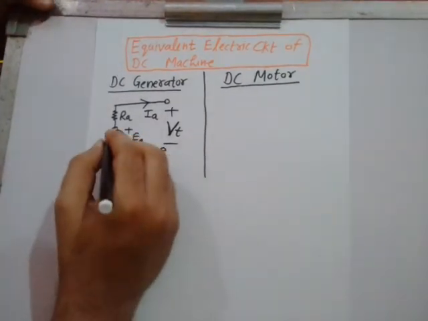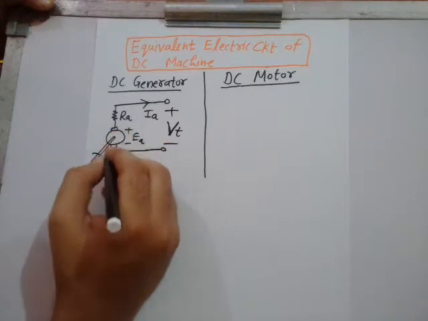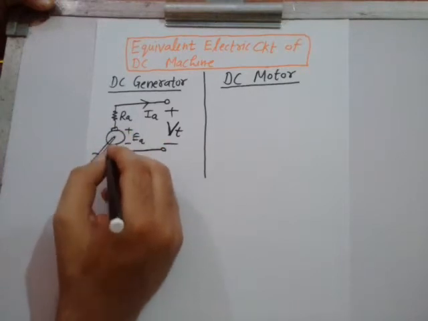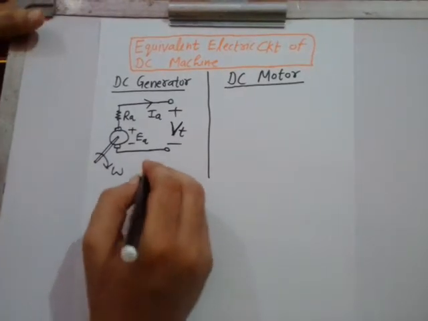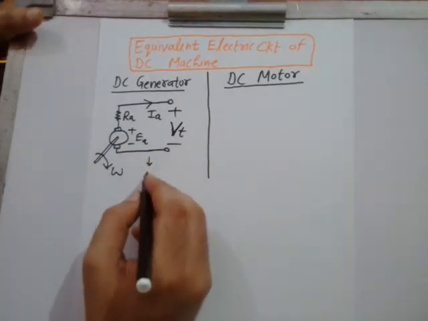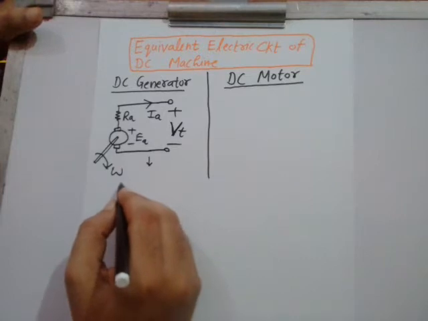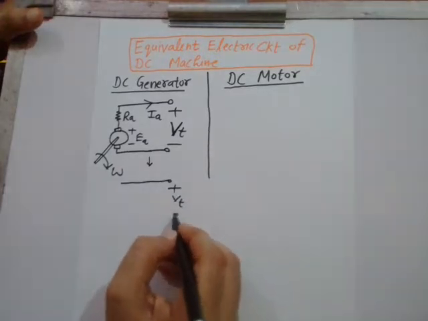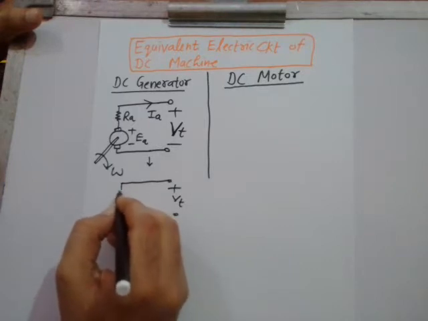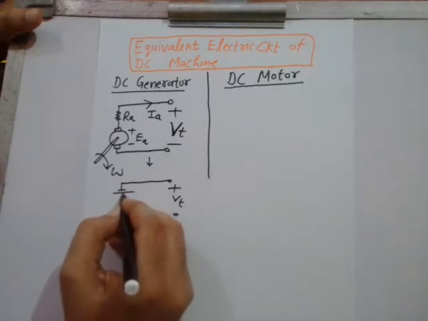So this is the brush, the representation of the brush. Now you can further simplify this diagram. So the brush notation is like this.